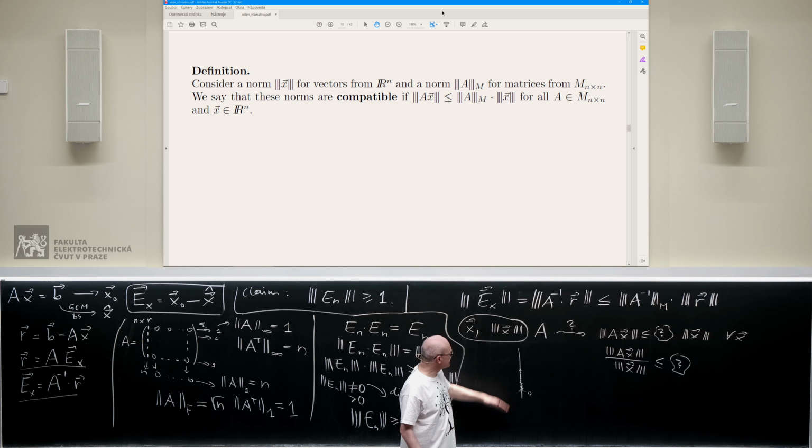So this constant here is very important, and this is called the condition number, and as you can see, it depends on the chosen norm. But usually people are too lazy. So when I wrote the definition here, I wrote it the usual way. So the condition number of some matrix is just the norm of A times the norm of A inverse. But which norm? That's the right question. So we have to say which norm we are using, and then it makes sense to talk about the condition number.